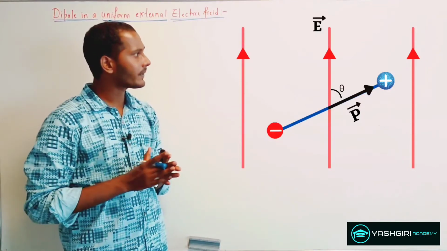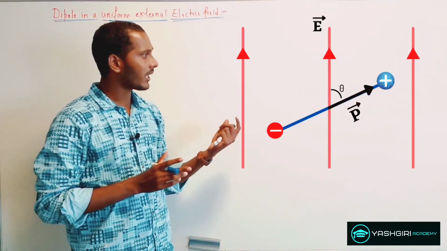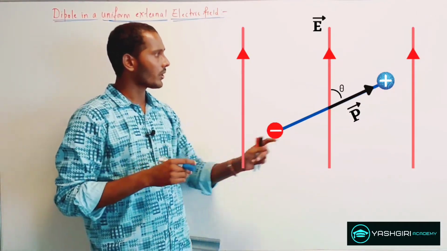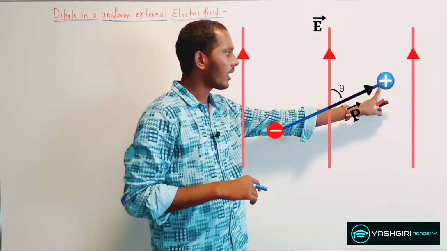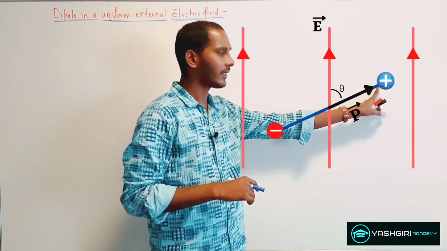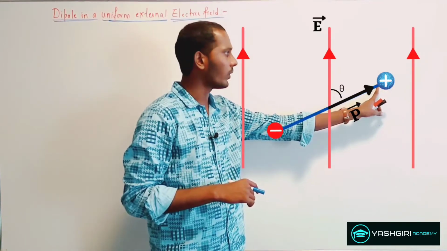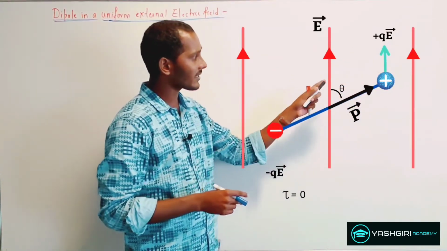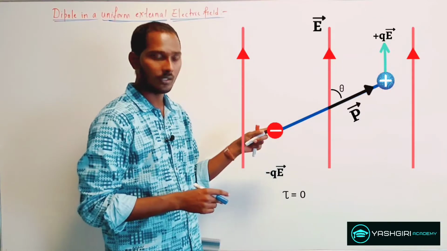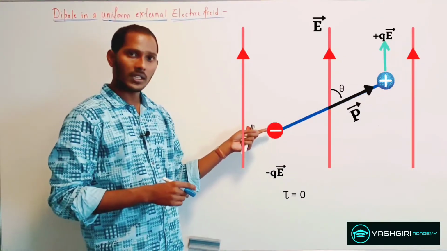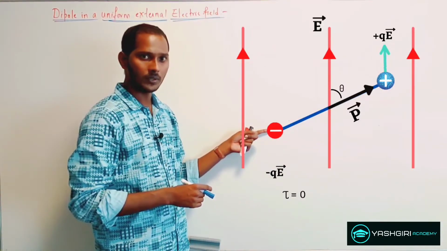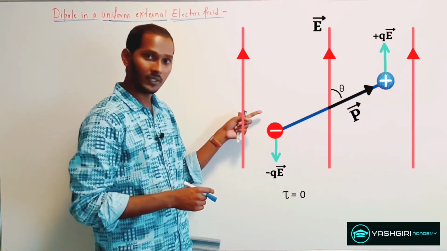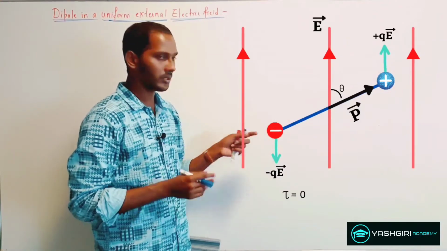So here the charges of this dipole are going to experience some force. This is the positive charge, and the force it experiences will be in the upward direction, the same as the direction of the electric field. For the negative charge, the force will be downward, which is exactly opposite to the direction of the field lines.